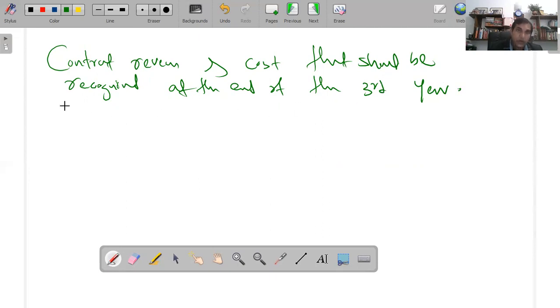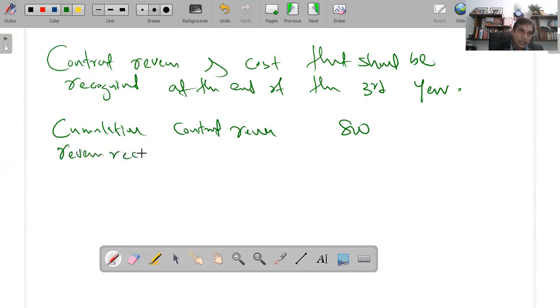Right, now cumulative contract revenue, because at the end of the third year this contract would be completed. All performance obligations will be satisfied. So cumulative contract revenue, let me write it. Cumulative contract revenue is 800. No, that has not been changed. But up to second year, entity has recognized revenue.